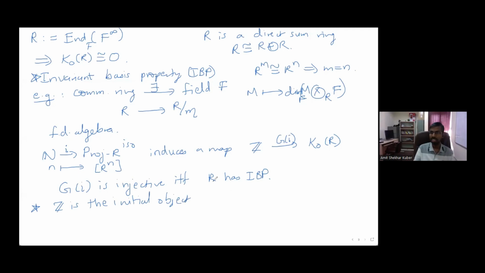So there is a map from Z to K0 of R. Sorry, I mistakenly wrote real numbers here, I didn't want to do that. So this is the corresponding K0 of Z. This particular map we use to define the reduced K0.